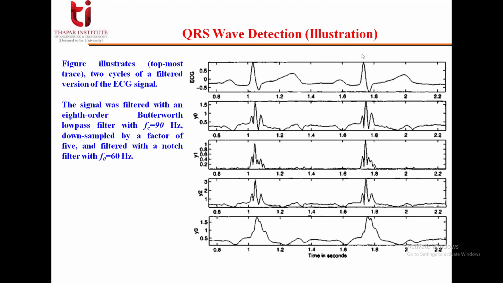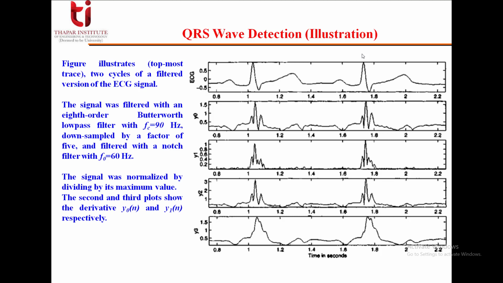This signal was filtered with an 8th order Butterworth low pass filter with cutoff frequency 90 Hz, then downsampled by a factor of 5 and filtered with a notch filter of frequency 60 Hz, mainly to reduce the noise as well as the power line interference. Then this signal was normalized by dividing by its maximum value.